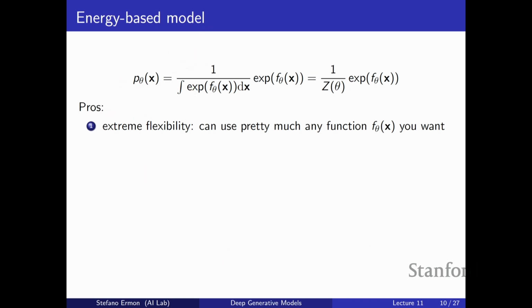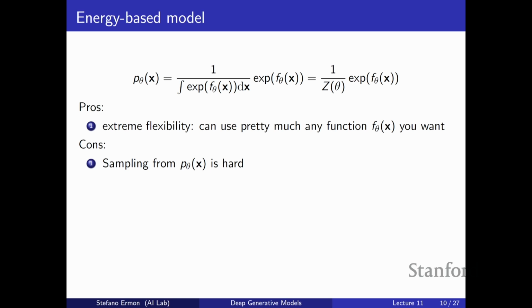And for any choice of theta, it defines a valid probabilistic model. So it's guaranteed to be non-negative, it's guaranteed to sum to 1. And so from the point of view of flexibility, this is basically as good as it gets. There is no restriction essentially on the f thetas that you can choose, which means that you can plug in whatever architecture you want to model the data.